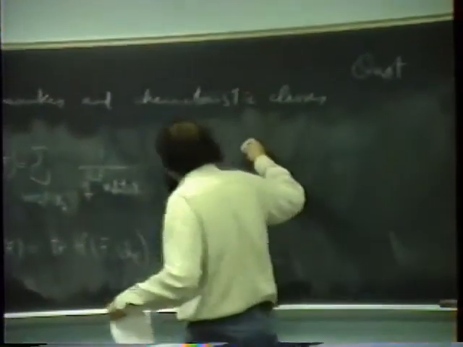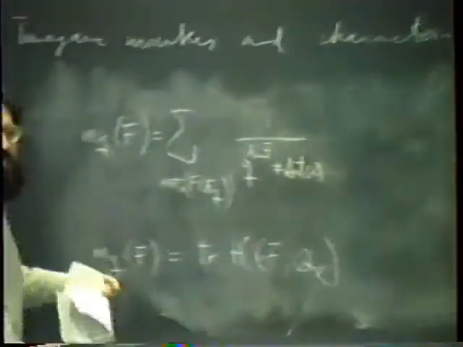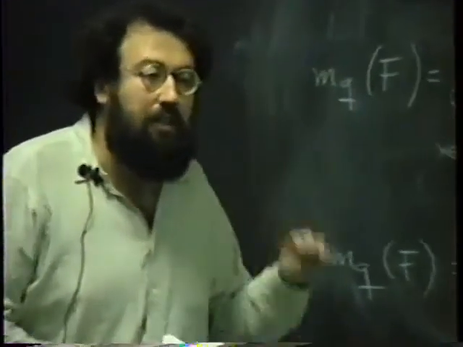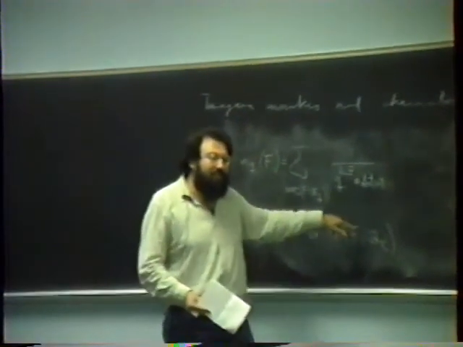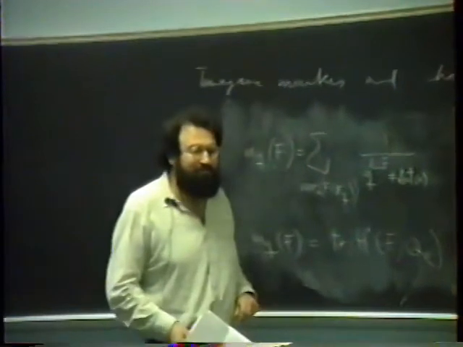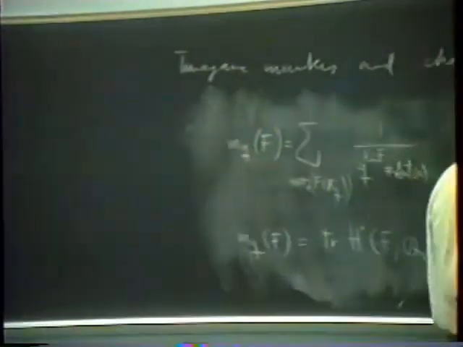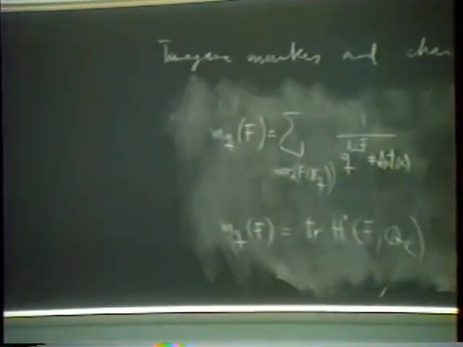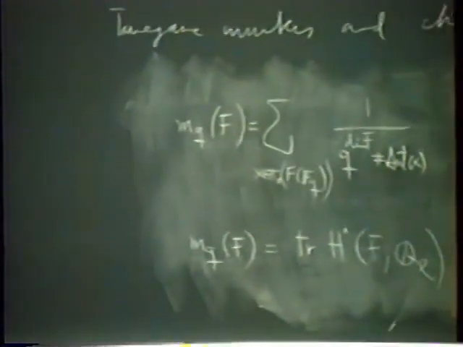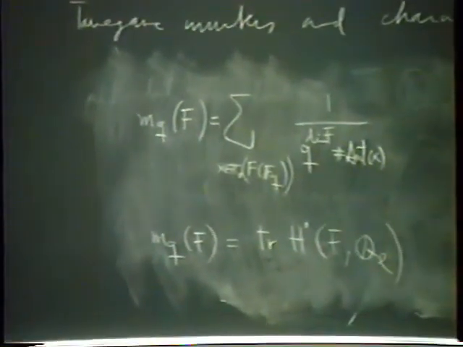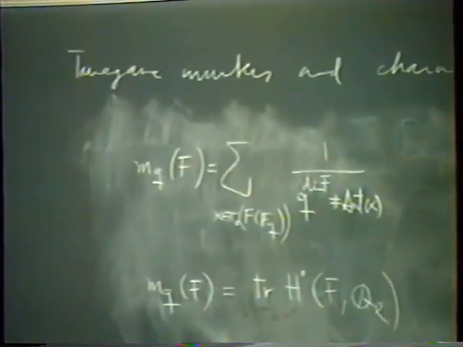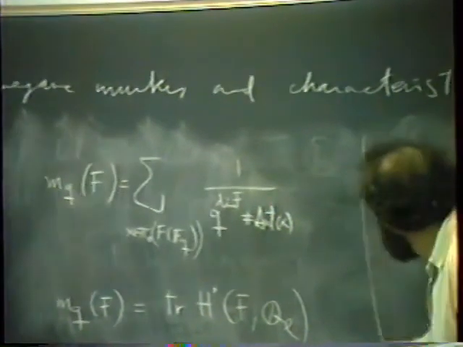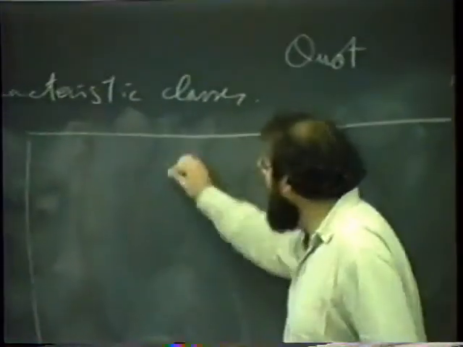And just to give you a taste of things, it's possible to show that that formula is precisely this formula here, when you have the classifying stack of the algebraic group over the finite field. You're using characteristic classes in computing the rational points. That's what you're doing. And since I don't have much time, I will not talk about that.